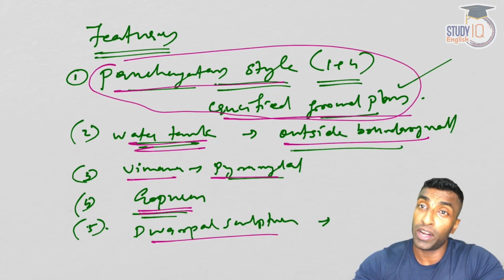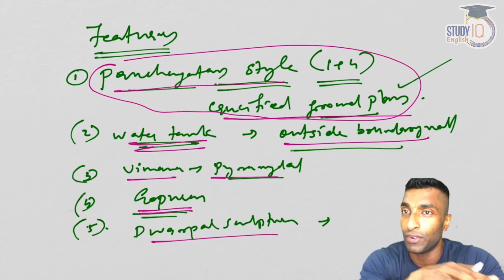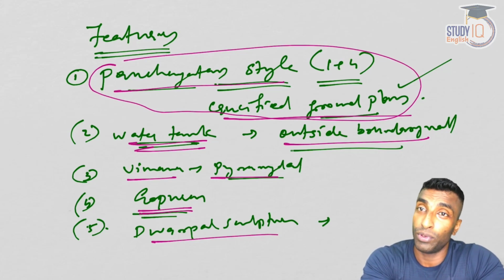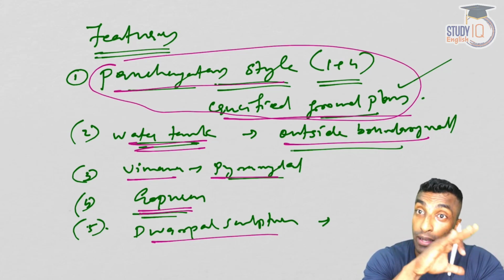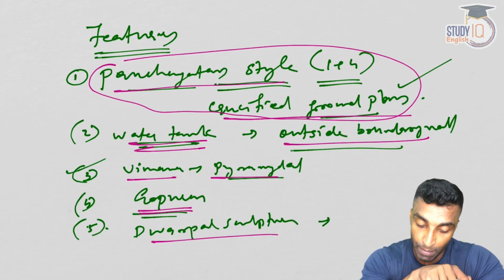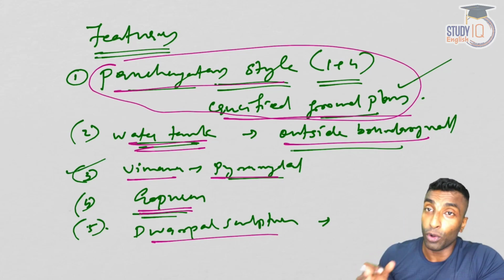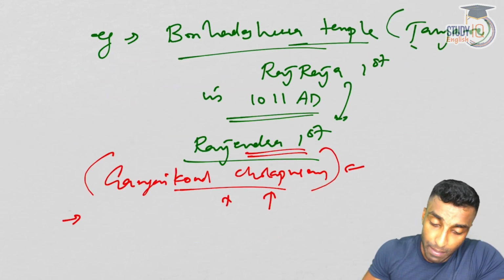And then outside boundary walls, kept because you face threat from outsiders, so you can keep your things safely in the temple. So you keep a bigger outside boundary wall also. And then Vimana, which is a pyramidal structure. Gopura, that is a gateway. Dwarpal sculpture. I think everything is explained, right?